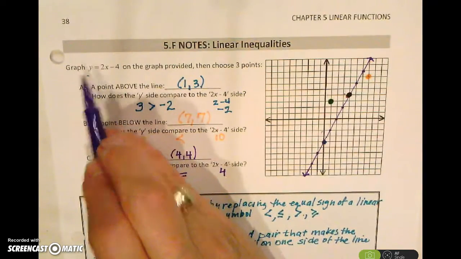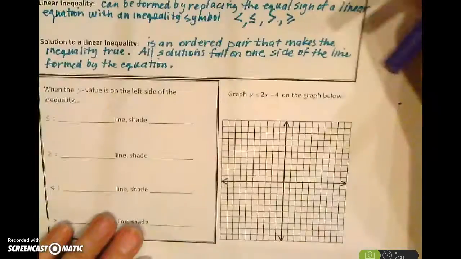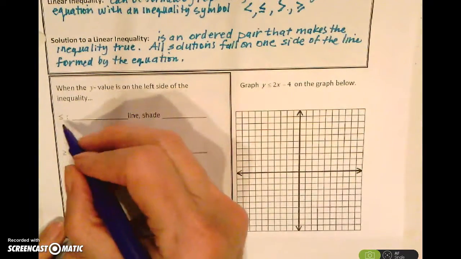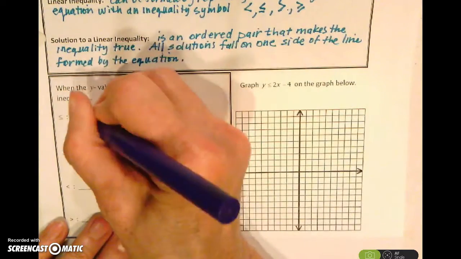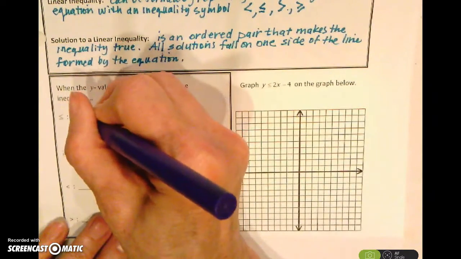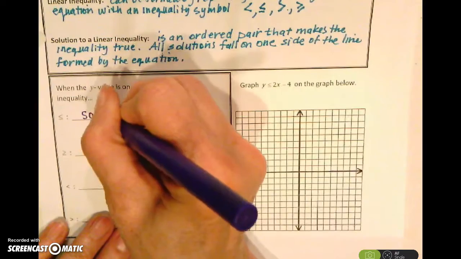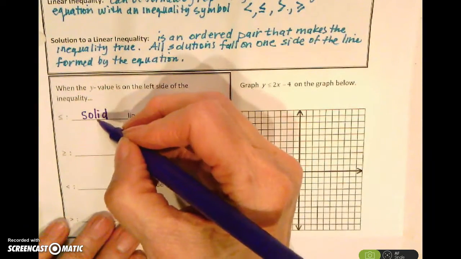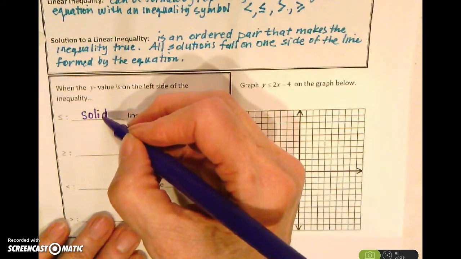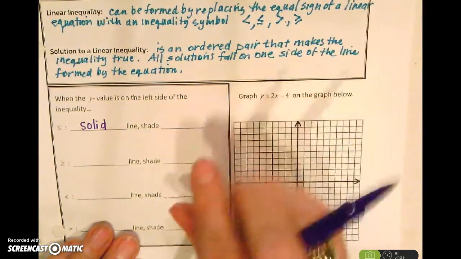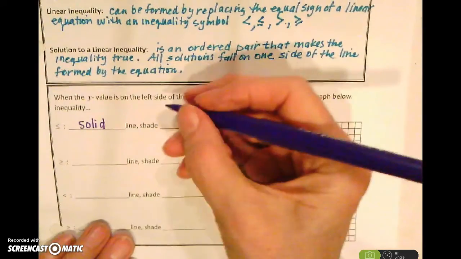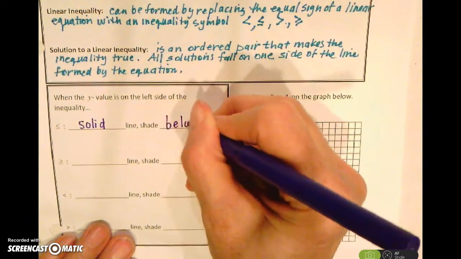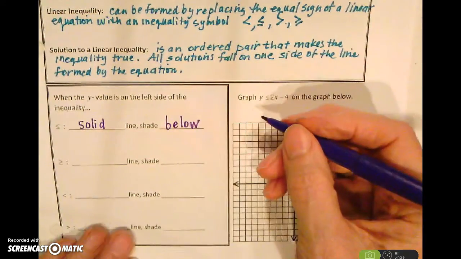So when y is on the left side, if I have a less than or equal to symbol, because of the equal sign, there's going to be a solid line. The solid line indicates that the line itself is a solution because everything on the line is going to be equal. And when I have a less than, I'm going to shade below the line.